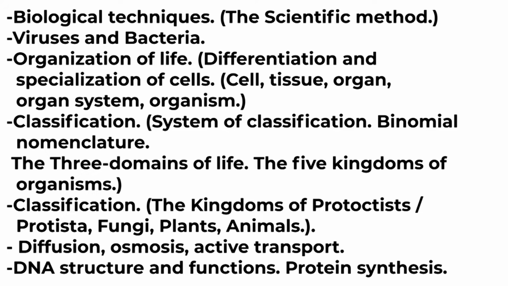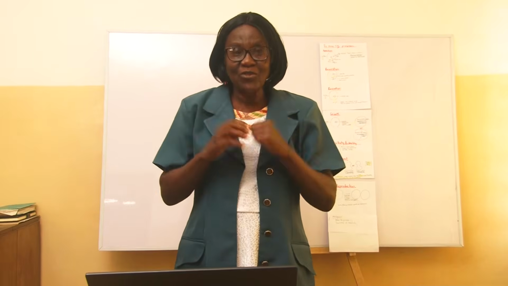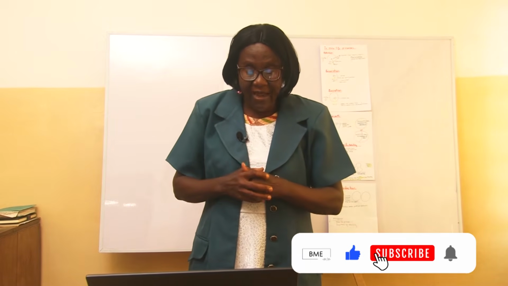Diffusion, osmosis, active transport, DNA structure, protein synthesis. In the next 20 lessons, we expect topics like plant physiology, photosynthesis, transpiration, etc., animal physiology, ecology, and others. So we have tall lessons. All right? Now, we want to look at lesson 1 in our first lesson.